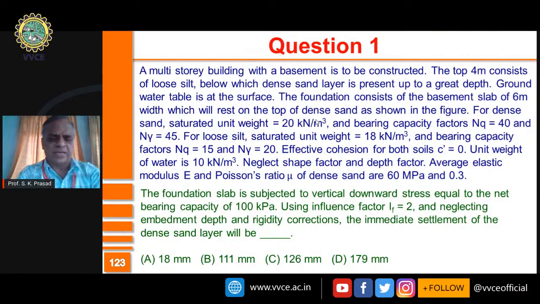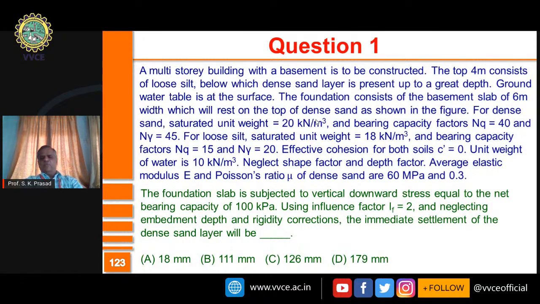Unit weight of water is 10 kilonewton per meter cube. Neglect shape factor and depth factor. Average elastic modulus E and Poisson's ratio mu are 60 MPa and 0.3 respectively. The foundation slab is subjected to vertically downward stress equal to net bearing capacity, about 100 kilopascal.